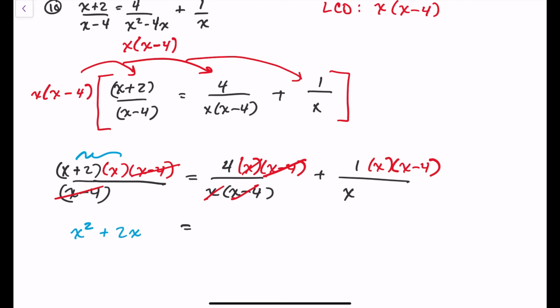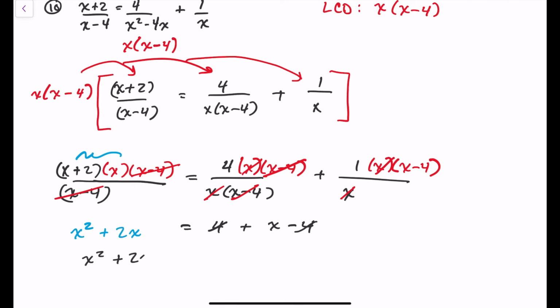I get x squared plus 2x is equal to, I'm left with just 4, plus 1 times x minus 4, so that's just x minus 4.